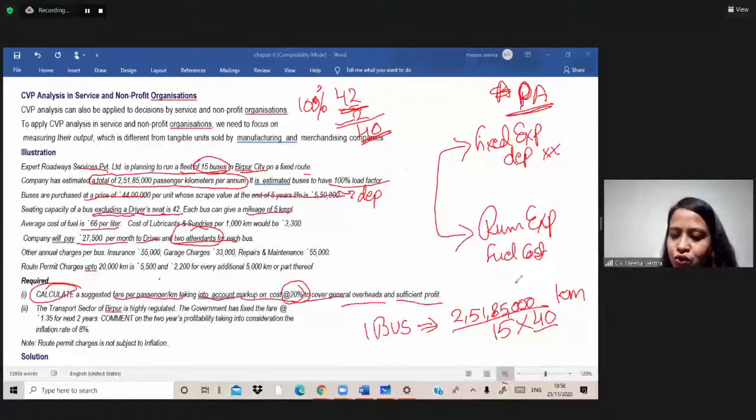What we have done is, out of the total passenger kilometer for all 15 buses, first we find the passenger kilometer for one bus. Then we divide it by the number of passengers traveling through this bus, from where you are collecting the fares. After that, you will get the number of kilometers traveled by each bus.